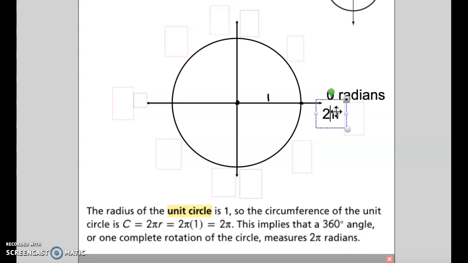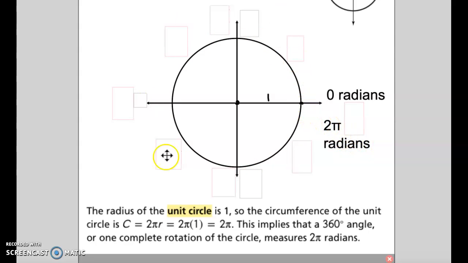Okay, and we can say that this is 2 pi radians. 1 time around is 2 pi radians, but we got to break it up, right? Just like we do 0, 90, 180, 270, 360, we have to break it up with radians.